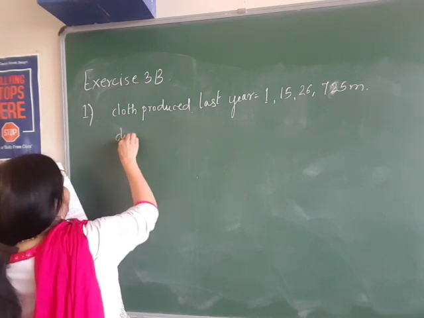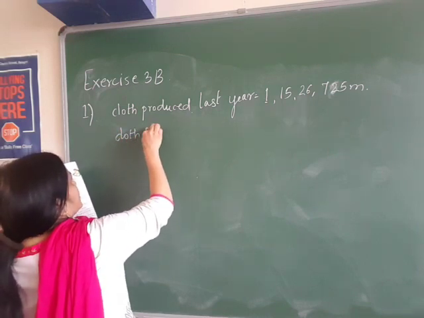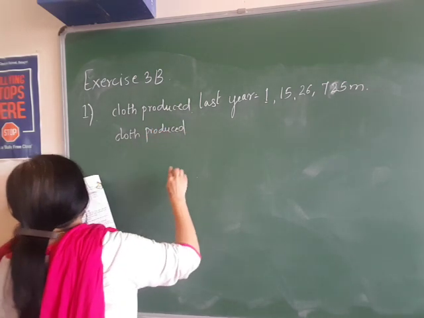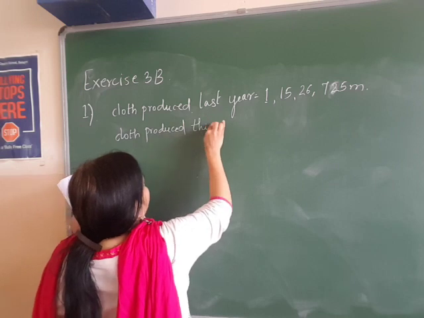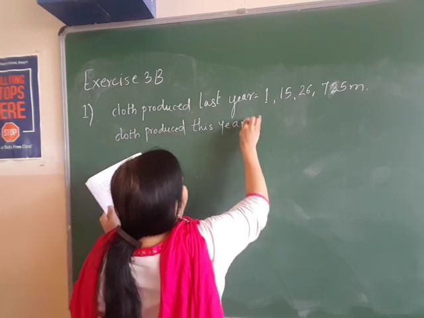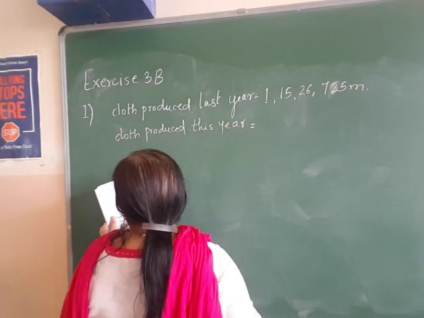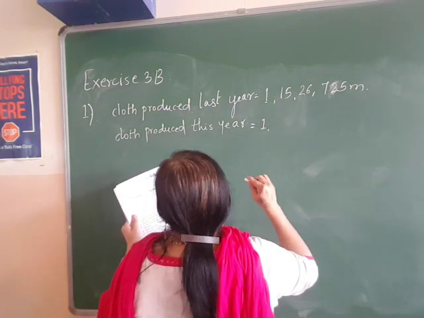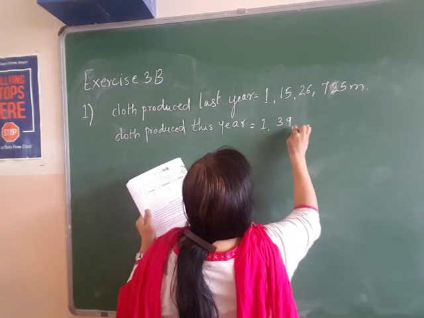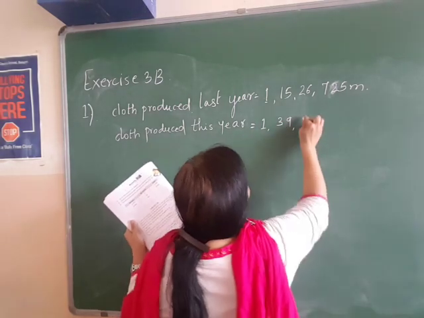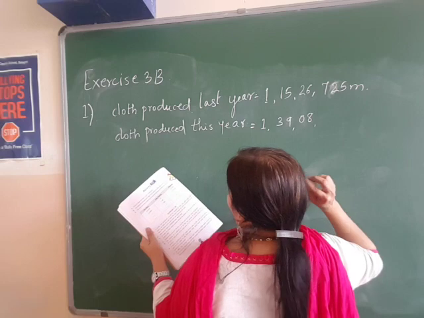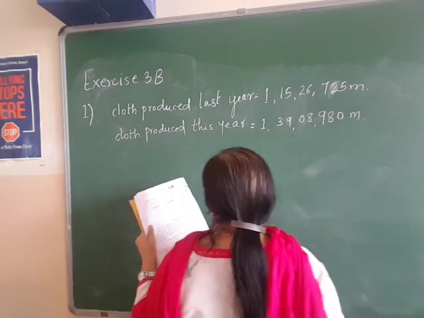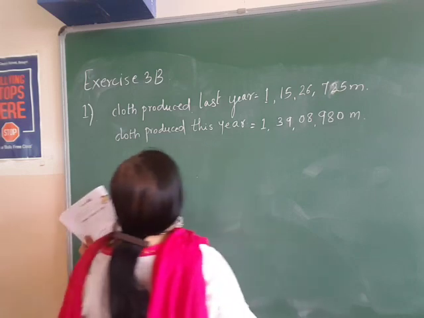Cloth produced this year is equal to 1 crore 39 lakhs 8,980 meters.